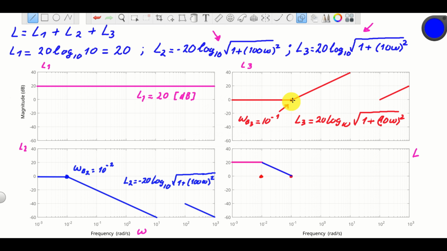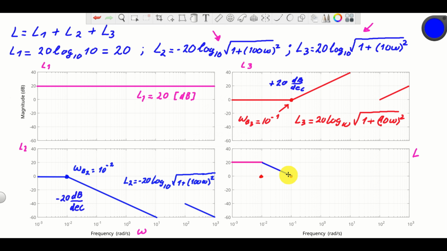The second break frequency is at 10 to the minus 1, and at this point over here, the function L3 will kick in and it will go up with the slope of 20 dB per decade. Over here I have plus 20 dB per decade, and over here I have minus 20 dB per decade.